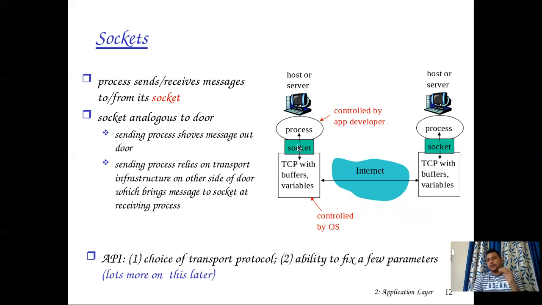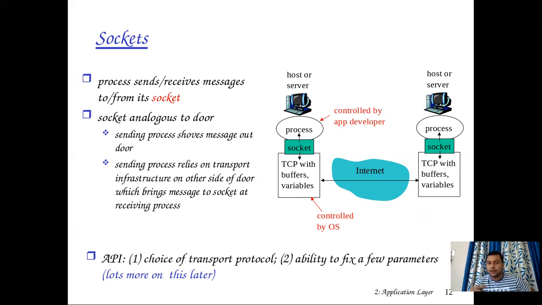A socket is a sort of interface which gives you an interface between the application layer and the transport layer. The transport layer provides certain services to the application layer. In a while we will understand what services are offered by the transport layer to the process running at the application layer.